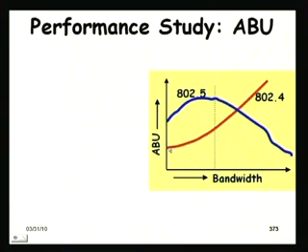It is intuitive, isn't it? Because if your network has higher capacity, then definitely it will be able to transmit more messages. So, the absolute breakdown utilization improves with bandwidth, that is intuitive.